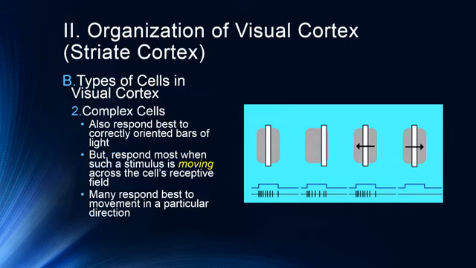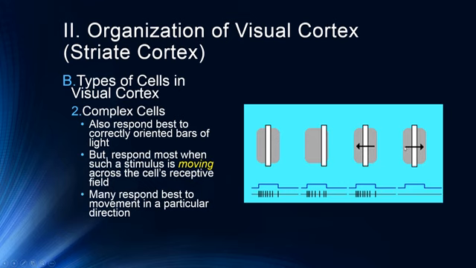Complex cells also respond best to correctly oriented bars of light, but they respond particularly to moving stimuli across the cell's receptive field. In general, they tend to respond best to stimuli moving in a particular direction. Here we have this bar of light. The cell is responding a bit. When this light moves in this direction towards the left, we get maximal responding to this particular stimulus.